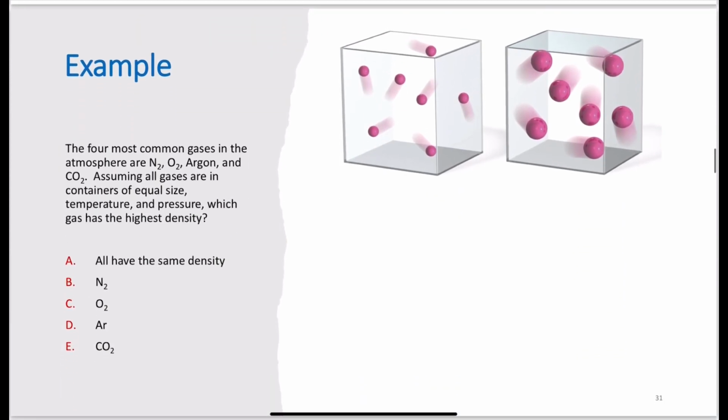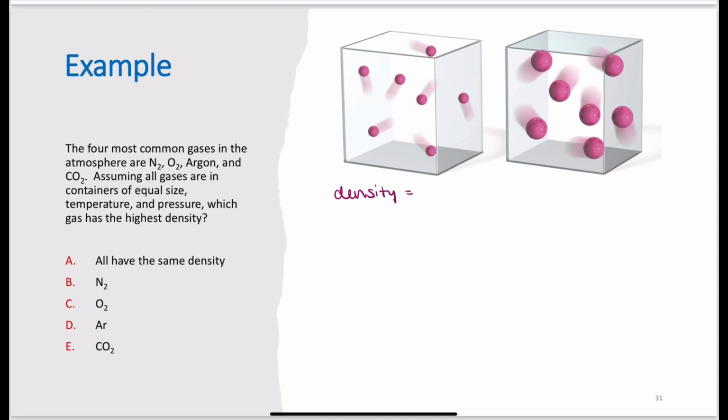Well, this one, the four most common gases in the atmosphere, N2, O2, argon, and CO2. Assuming all gases are in containers of equal size, temperature, and pressure, which gas has the highest density? Do they all have the same density or not? Probably not if I'm going to ask you the question. But let's logic our way through it. What do we know about density?